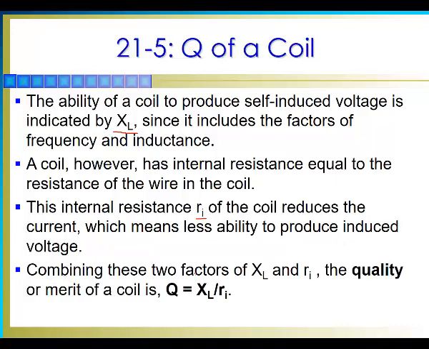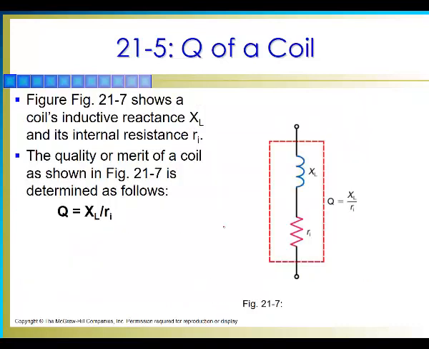Resistance is in opposition to current, which means less ability to produce induced voltage. Combining these two factors, the inductive reactance and the resistance in the coil, the quality of a coil is Q equals the reactance divided by the internal resistance of the wire. This is a symbol for an inductor.